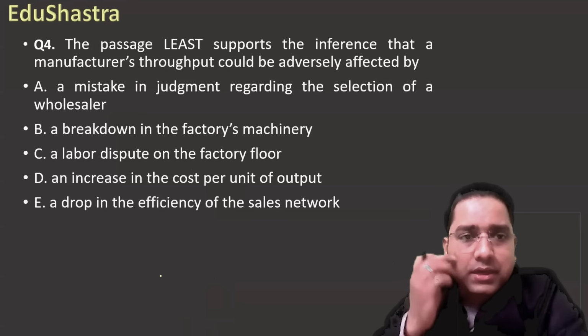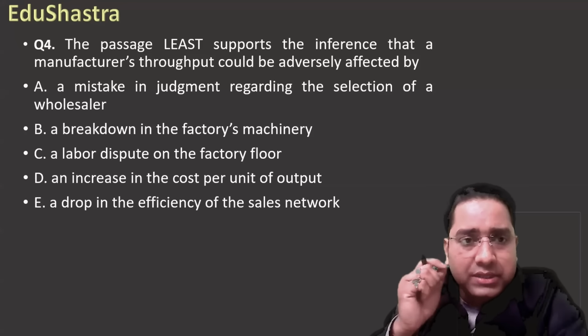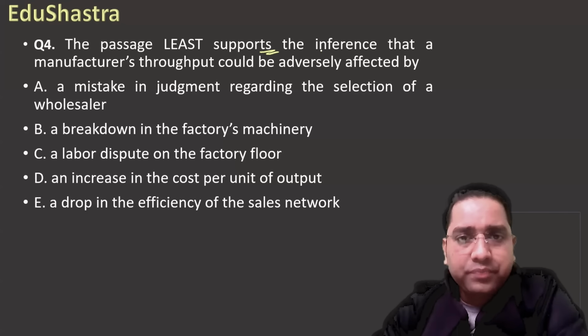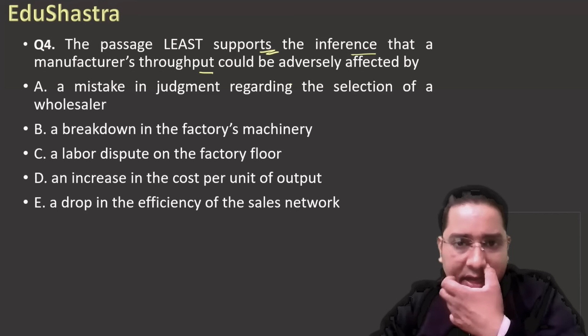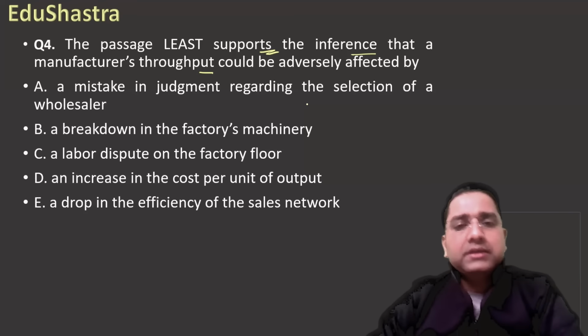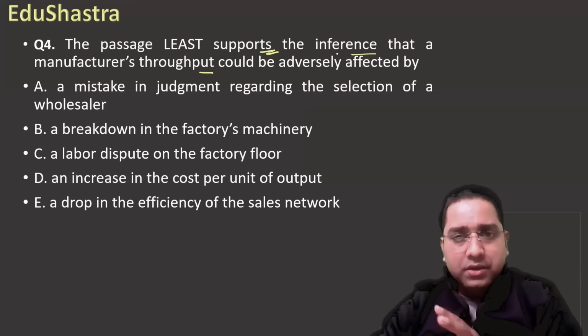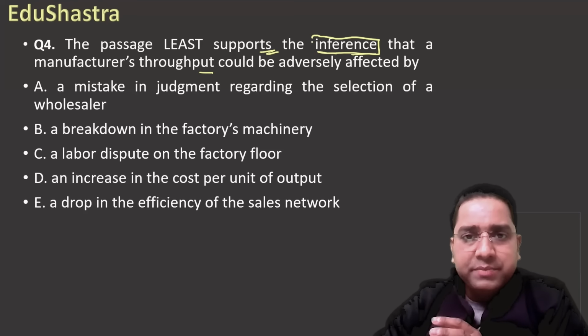Be very attentive. Then question number 4, the passage least supports the inference that a manufacturer's throughput could be adversely affected by. So it is an inference-based question.